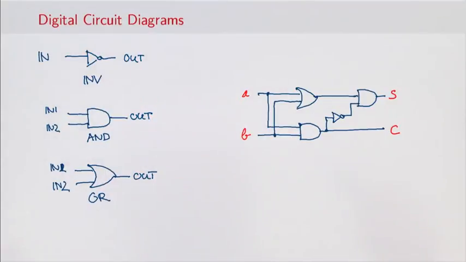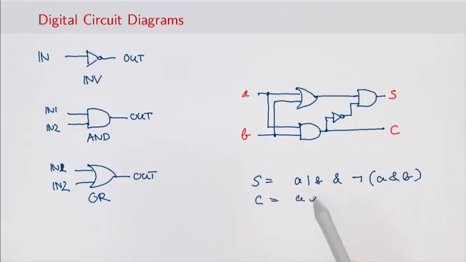So if we do the math, then we will see that the sum is computed by taking A or B, then we have an AND here and not A and B. So the sum is set if either A or B is set and not both of them are set, whereas the carry is A and B. So if both A and B are set, then the carry is 1, but the sum is 0.